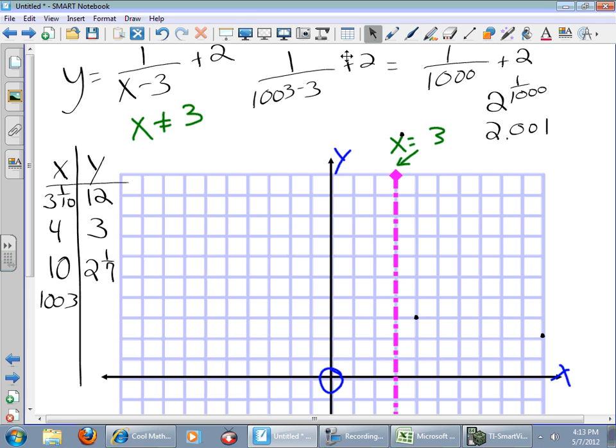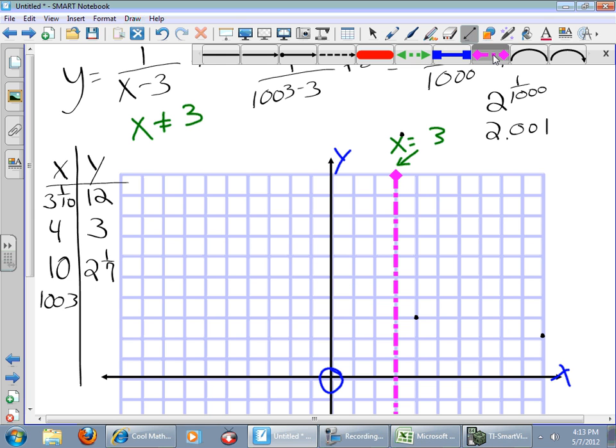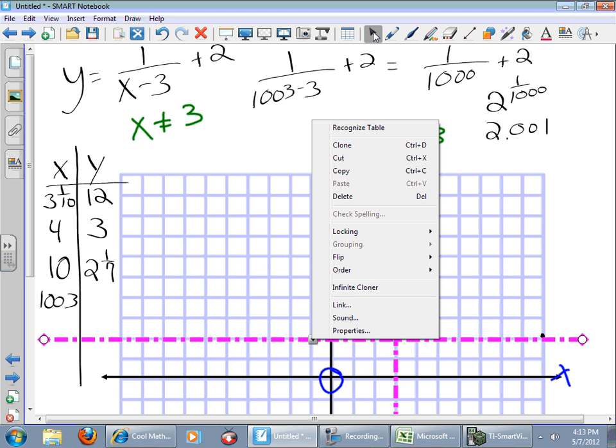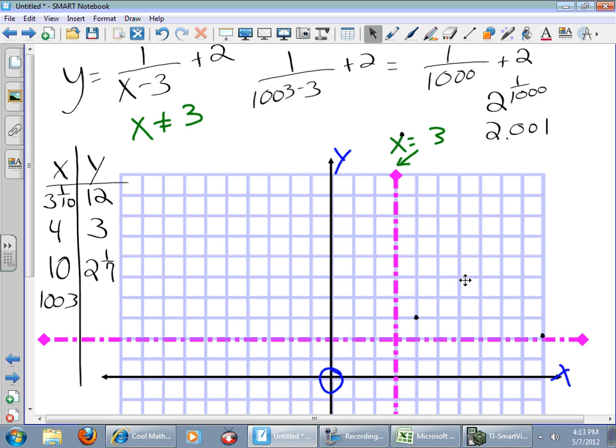Very, very tiny number. Do you think you know the asymptote now? Yeah, the horizontal asymptote is going to end up being 2. This thing will not cross the line of y equals 2. Do you think it's a coincidence that we had a plus 2 on the end of the equation? I think not. All right, very good.